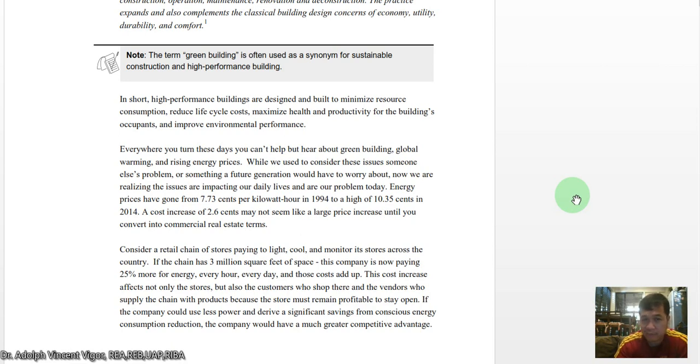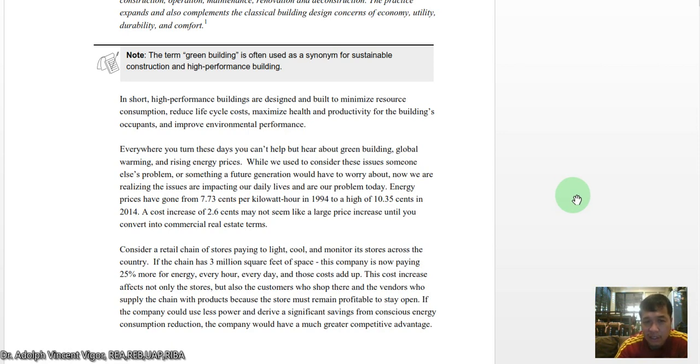Energy prices in the US have gone from 7.73 cents per kilowatt hour in 1994 to a high of 10.35 cents in 2014. A cost increase of 2.6 cents may not seem like a large price increase until you convert it into commercial real estate terms.